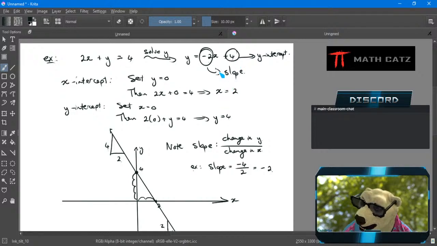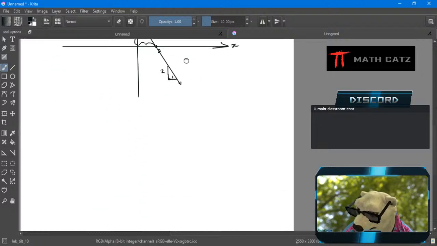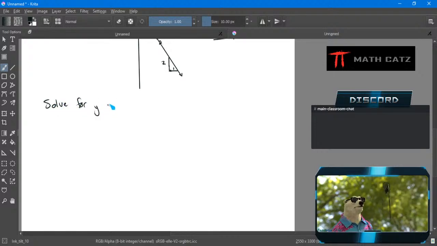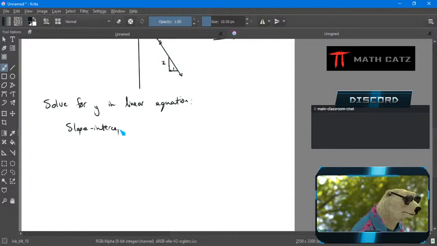So when I solve for y in the linear equation, I'm going to get what we call slope-intercept form, and in general we write y equals mx plus b.